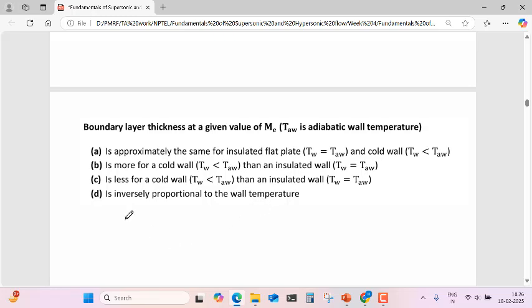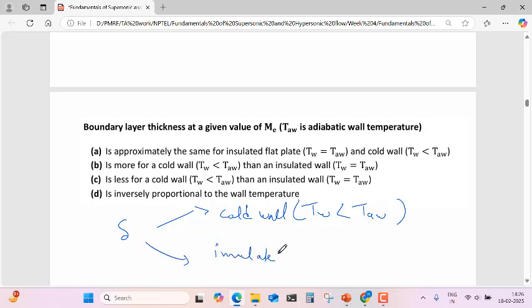In this one, the comparison is done for boundary layer thickness for a cold wall, where wall temperature is less than adiabatic wall temperature, and for the insulated or adiabatic wall.